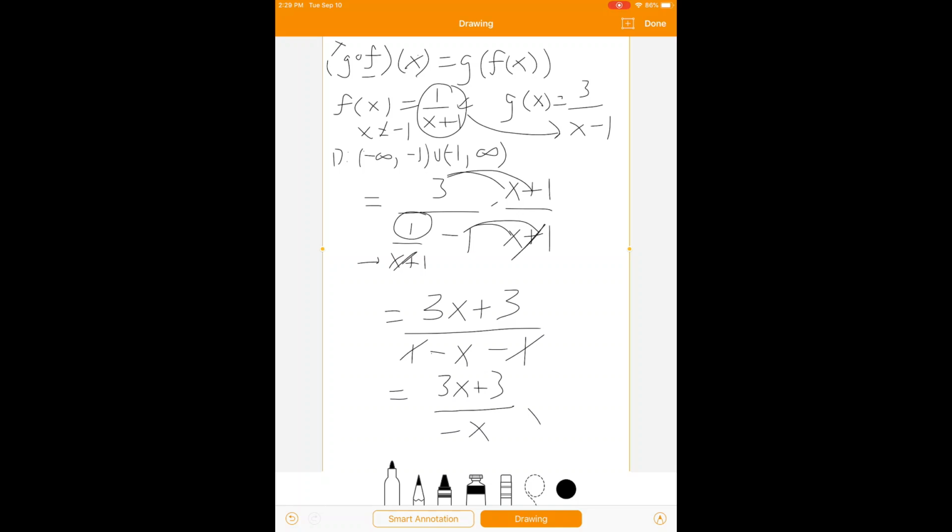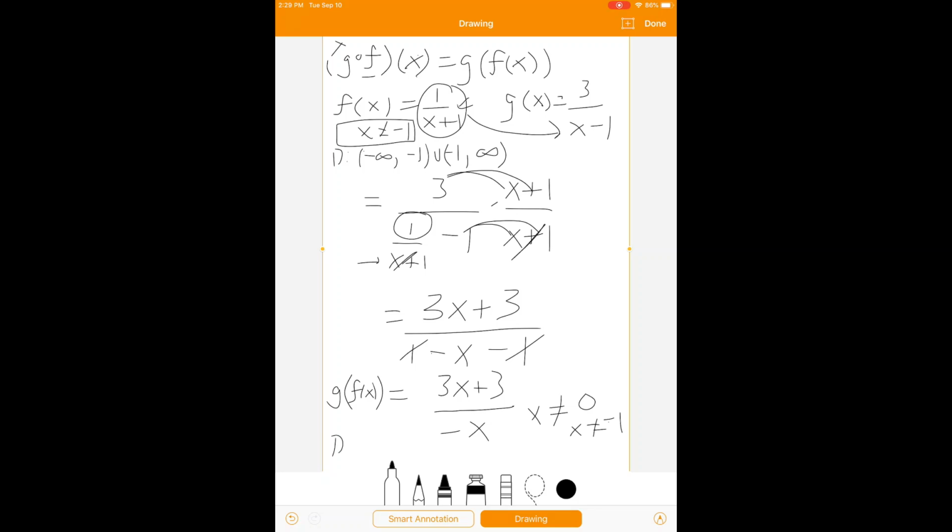What value can we not have in the denominator? We cannot have x being equal to 0. You'll remember from the beginning, we also excluded negative 1. So x cannot be equal to 0 or negative 1 in our new composite function, which was g of f of x.